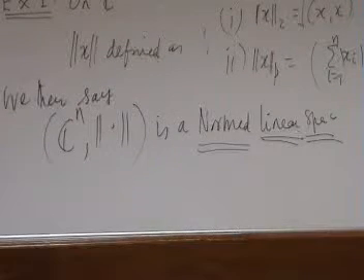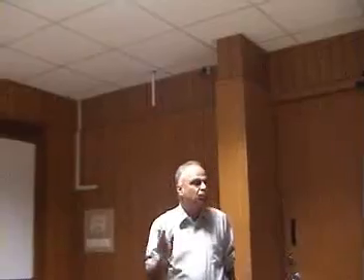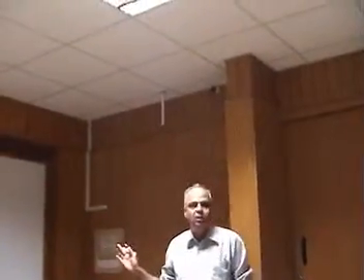The underlying vector space is the same, but the norms are different. So as vector spaces they are the same, the carrier vector space is the same, but as normed linear spaces they are different because the structure could be different because of the norm being different.